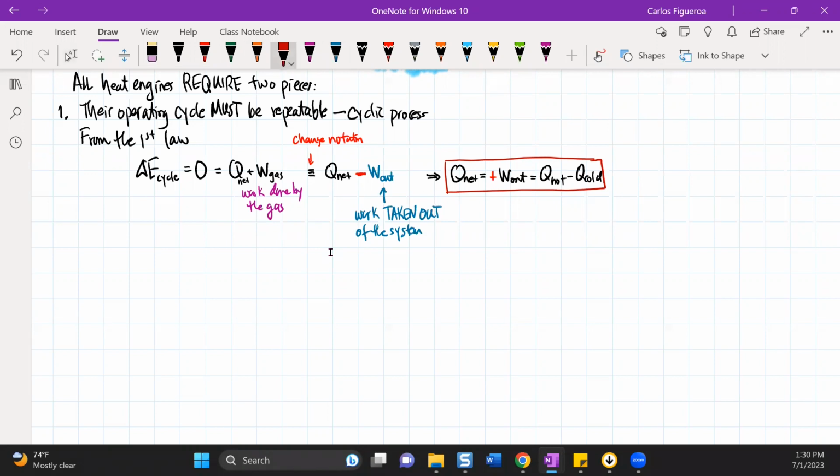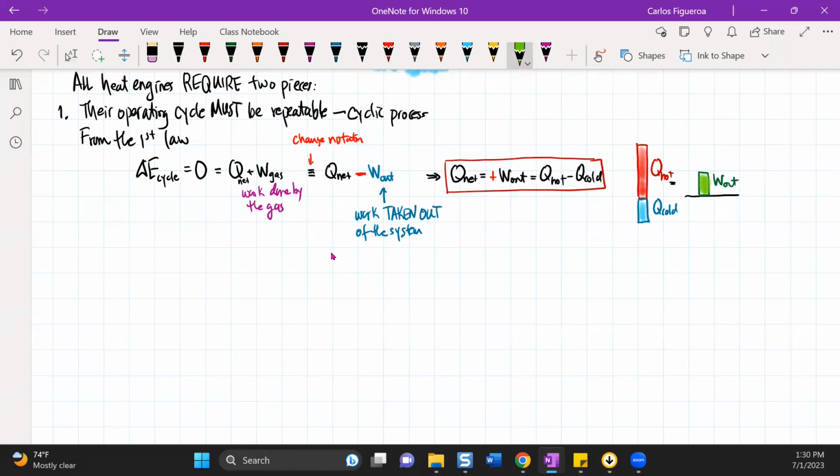But picture-wise, I see that, let's say, if I do this amount of heating from the hot reservoir, then I have to eject some heat out of the system in order to get back to its initial state. Then the difference between these two tells us that we just did this amount of work out.